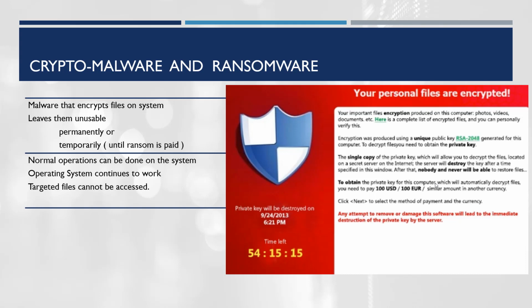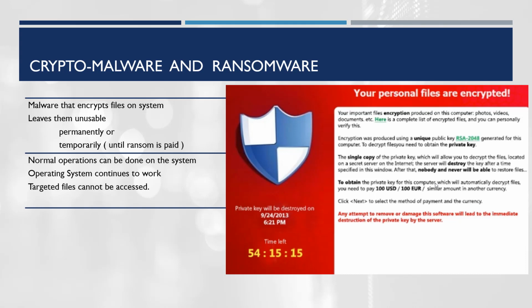Encryption is the mechanism used to leave your data unusable. Encryption scrambles the content of the file so that it is unreadable. To restore it for normal use, a decryption key is required, and that decryption key is given to you only when a ransom is paid. The ransom is usually in the form of cryptocurrencies, usually bitcoins.